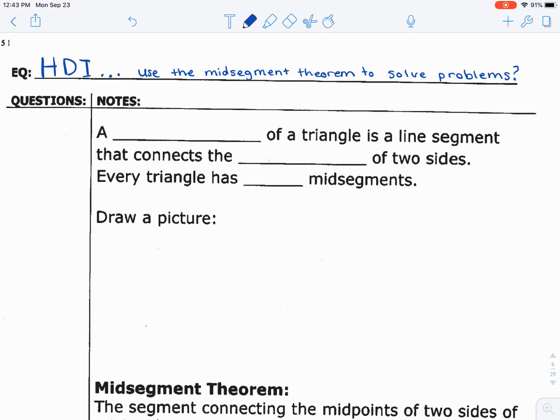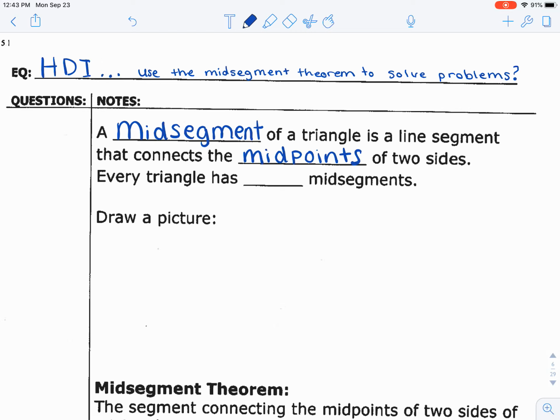So, before we use the theorem to solve problems, let's first define what a mid-segment is. A mid-segment of a triangle is a line segment that connects the midpoints of 2 sides.